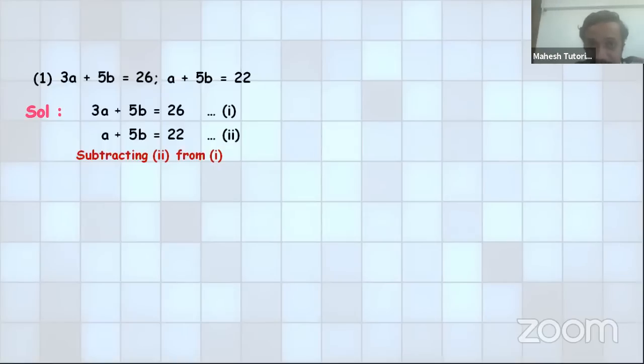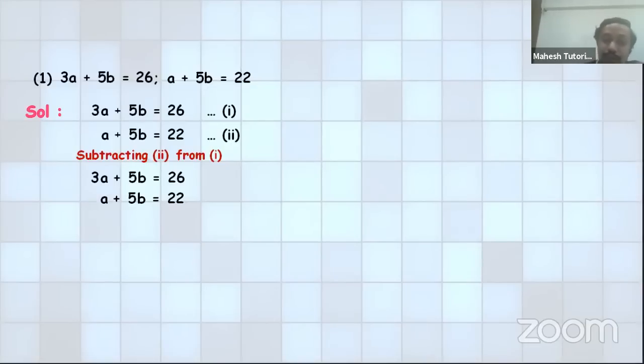So now tell me, students, from के बाद which equation number is there? Equation 1. So we'll write equation 1 first, that is 3a plus 5b is equal to 26. From के पहले कौन सा equation number है? 2. So then later on I'll write equation number 2 below, that is a plus 5b is equal to 22.